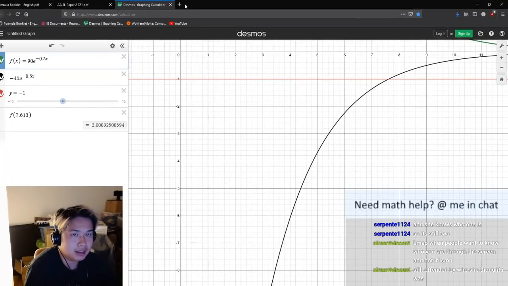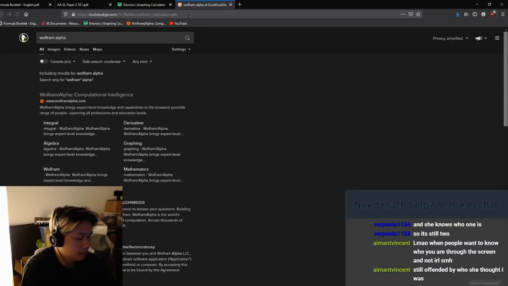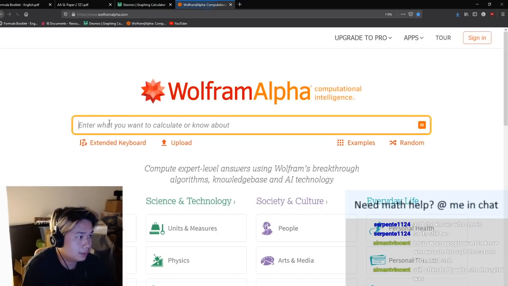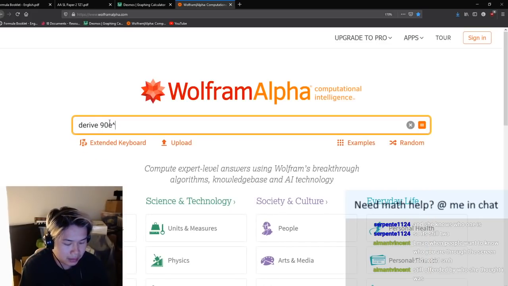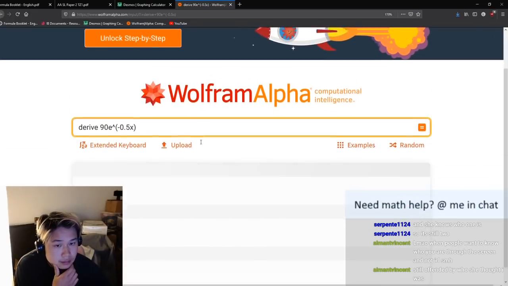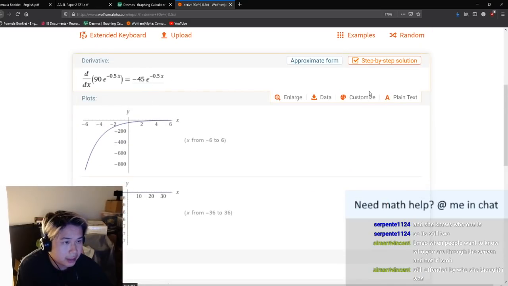Okay, time to cheat some more. Good old Wolfram. Derive 90e to the power of negative 0.5x for me, please. Okay. Yeah.